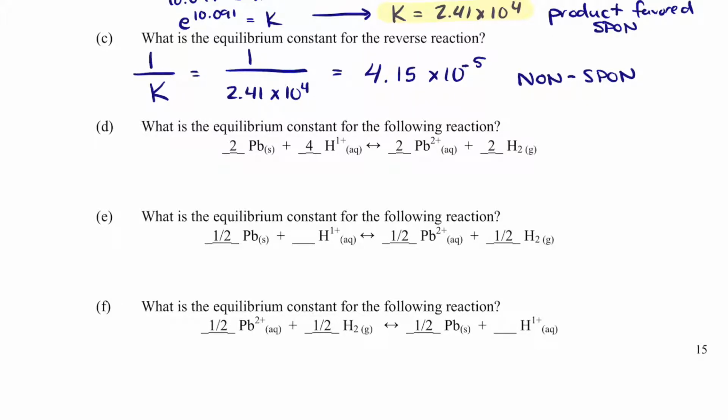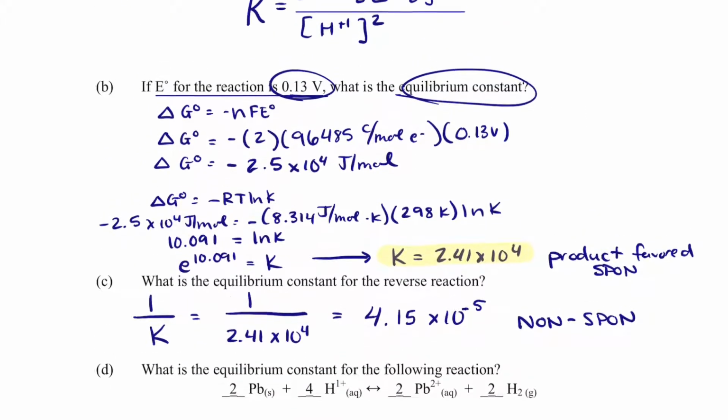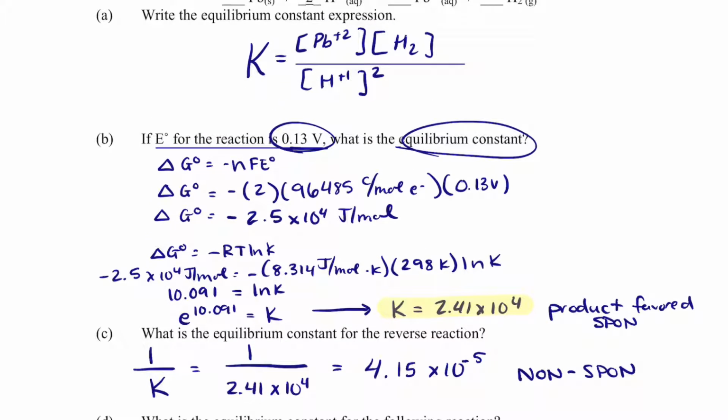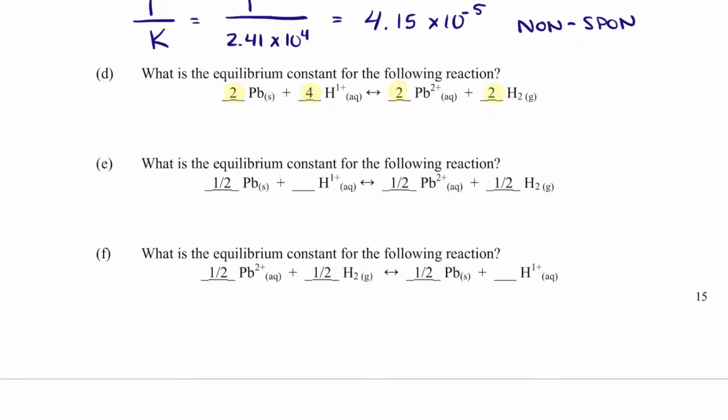Okay, let's look at part D. On this, I believe, and I'll have to scroll up here, what I've done is my coefficients have been doubled. We need to remember that our coefficients go in the exponent location. So what I'll do is I'll move this down here.